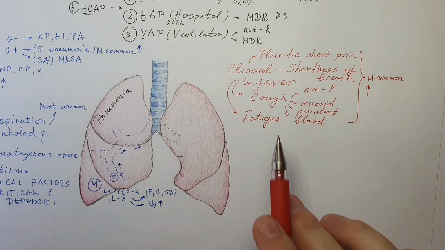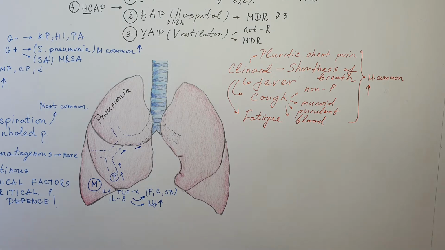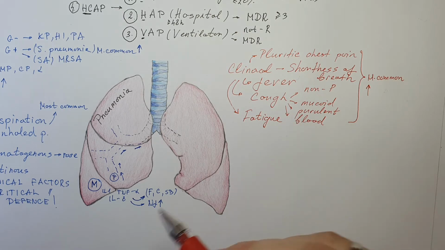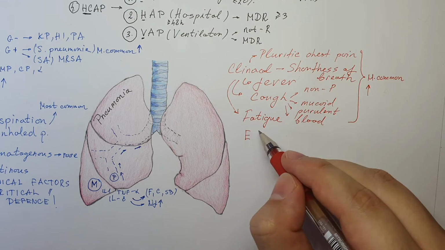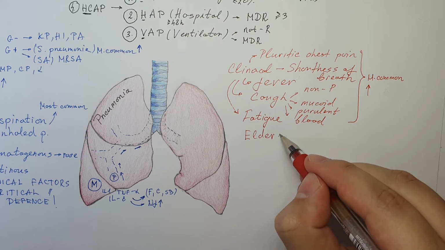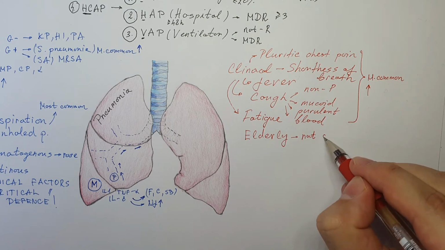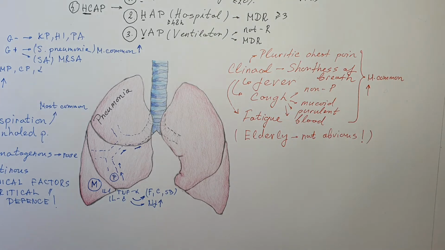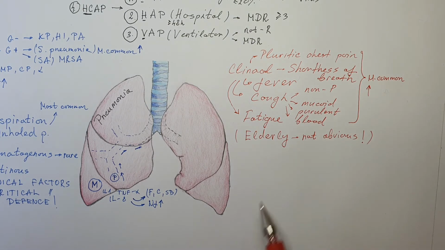Obviously, this is a typical pattern. Sometimes pneumonias can present very atypically, and patients you need to watch out for are children and elderly, especially elderly patients. Elderly patients can have a not really that obvious pneumonia, so none of these symptoms can be present.